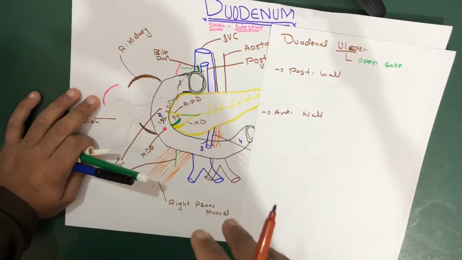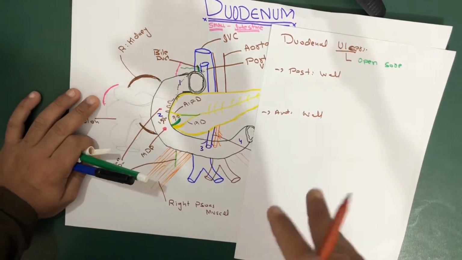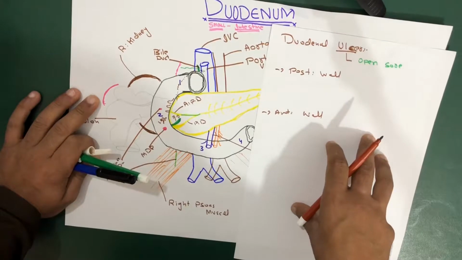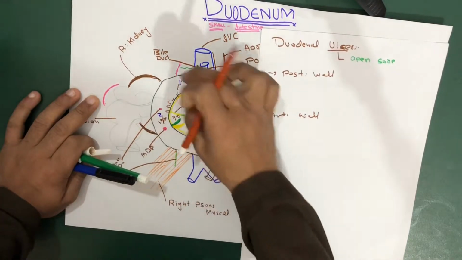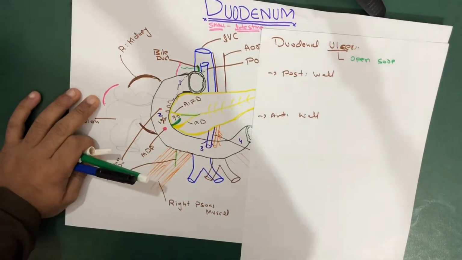Posterior to this first part of the duodenum there is a big artery, which we call the gastroduodenal artery. If the ulcer penetrates the wall of the duodenum and erodes the gastroduodenal artery, which lies posterior to the first part of the duodenum, it can cause hemorrhage.